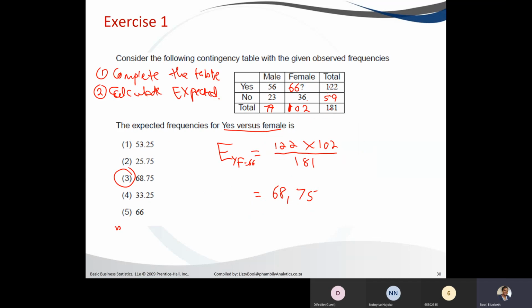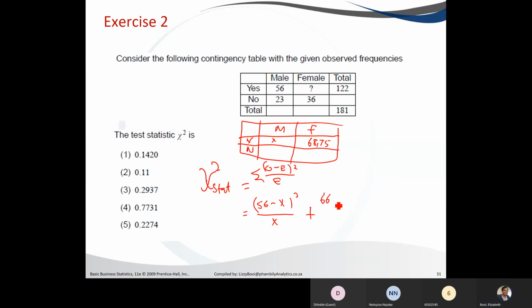That one, we said it's 66. So 66 minus 68.75 squared divided by 68.75, plus, you continue. I am giving you 10 minutes on this one. I will check up on you at 10:43.